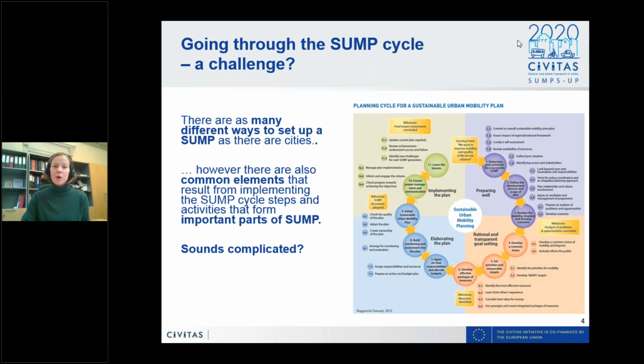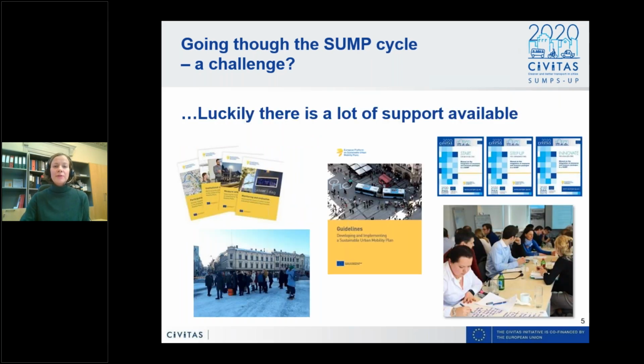So going through this cycle includes quite many different steps. It might sound a bit complicated and overwhelming if you look at this cycle, but luckily there is already now a lot of support available for cities who are preparing SUMPs, and we are also offering some activities where you can have help to prepare your own SUMP on the local level. Probably you all know the guidelines for SUMP, but there are also several other guidelines for the different steps in the SUMP process.